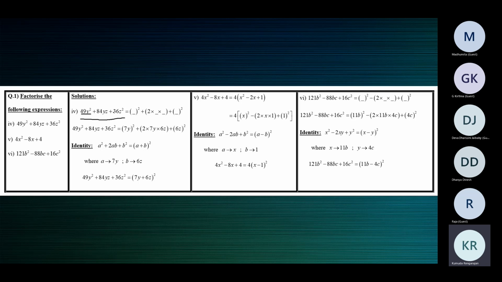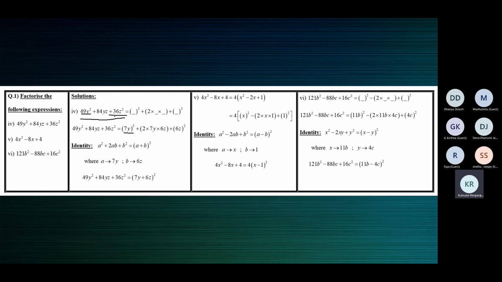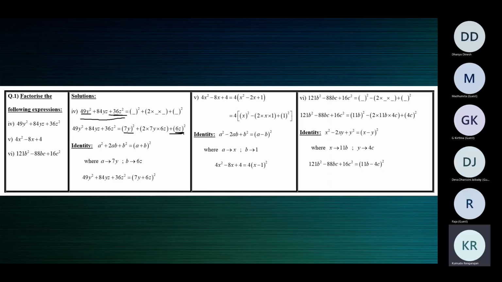Here also we have 2 perfect squares, 49y square and 36z square. Because 49y square can be written as 7y the whole square, 7y into 7y, and 36z square can be written as 6z the whole square, because 6z into 6z is 36z square.